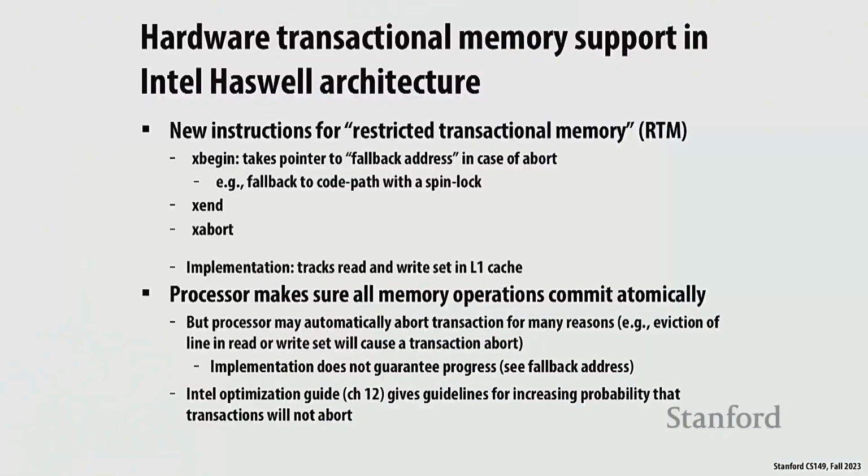All right, so hardware transactional memory support has been implemented in Intel architectures. For various reasons, it didn't work out so well. The software to use it wasn't developed as well as one would hope, and it was not all that capable, in the sense that transactions could abort for almost any reason whatsoever.